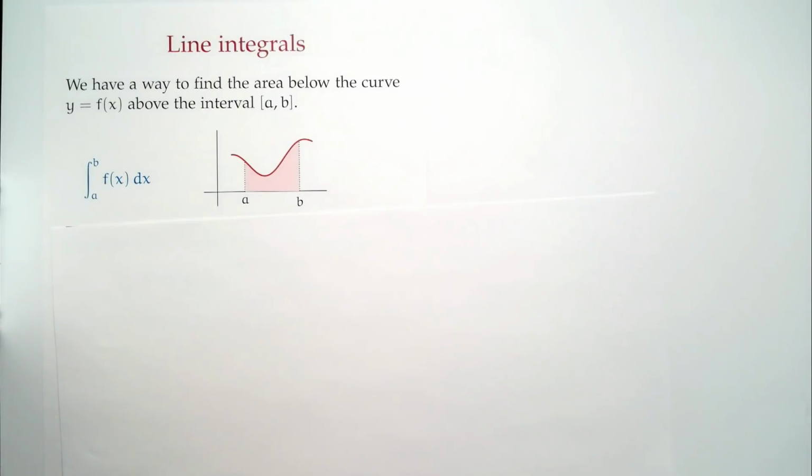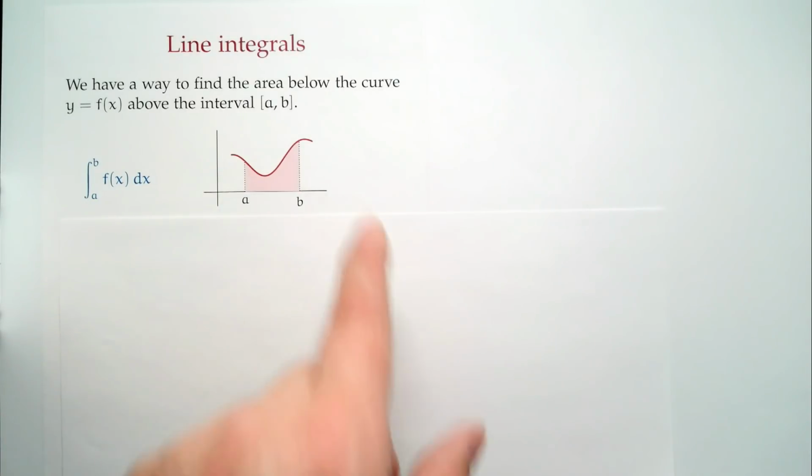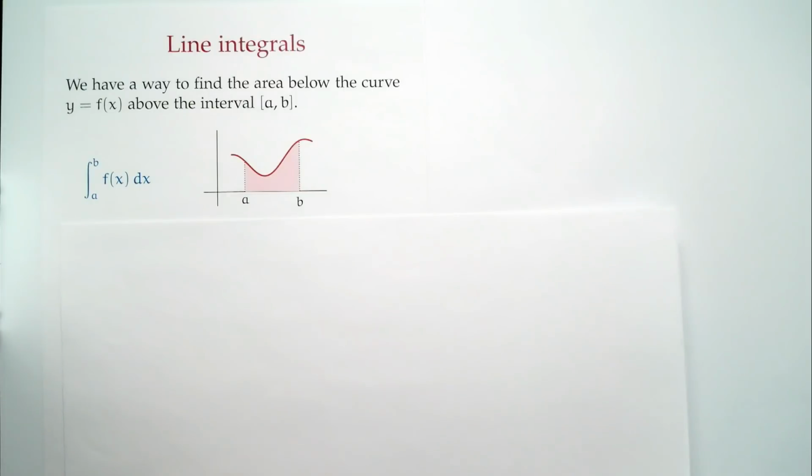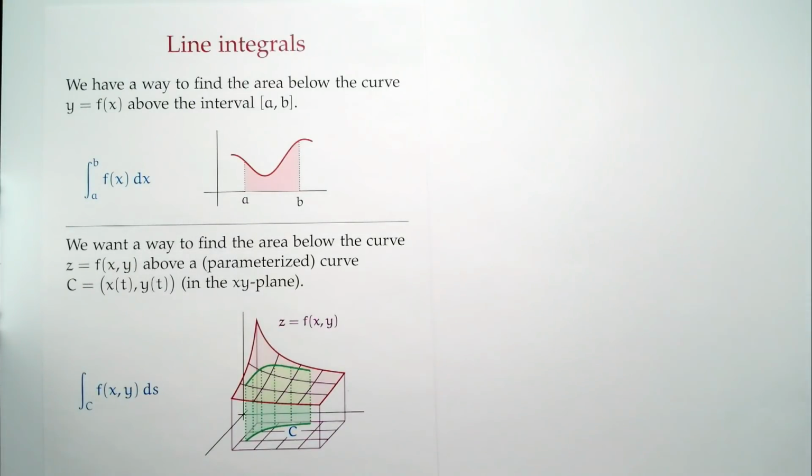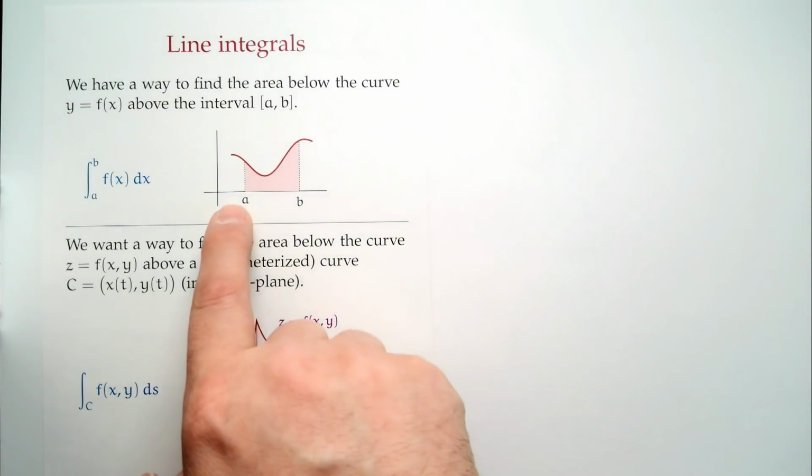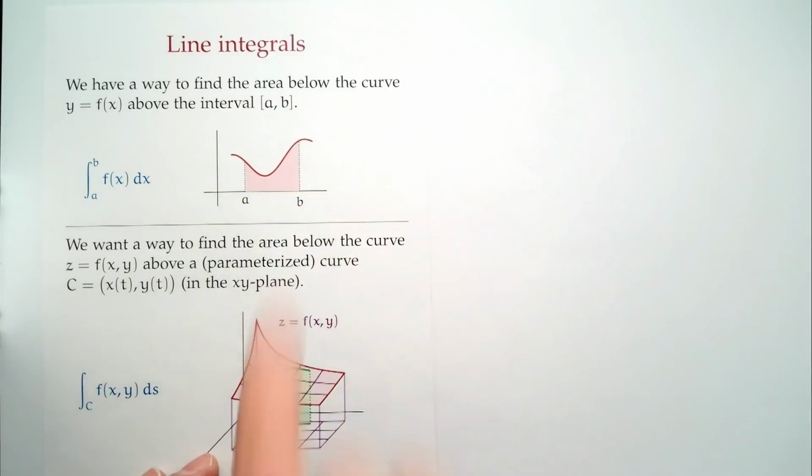We're going to switch now and say, well, that's if I have this nice setting, y equals f of x. Suppose I do it in a slightly different setting. So now I have a curve down in the xy plane. Instead of the part I integrate over being just a straight line, a to b, now I'm integrating over a curved line underneath.